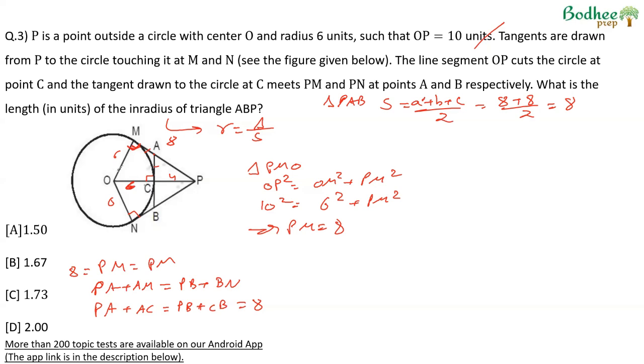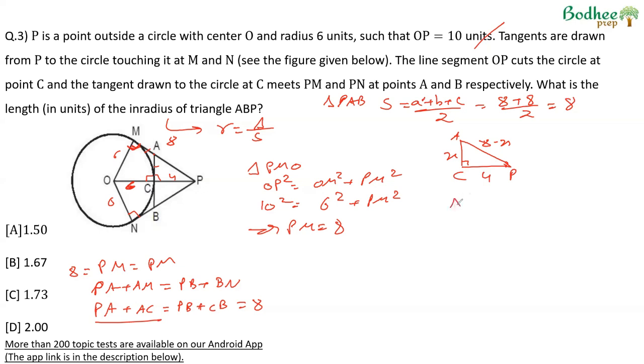Now we have to look for the area of the triangle PAB. For that, I'm looking at triangle ACP. PC we know is 4. PA plus AC we know is 8. So if AC is X, PA will be 8 minus X. Also, this will be a right angle triangle because of the point of contact of the radius and the tangent.